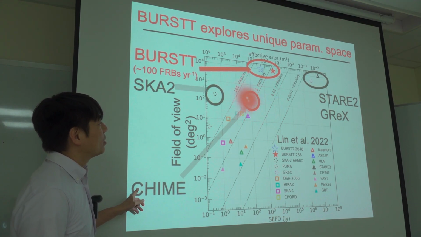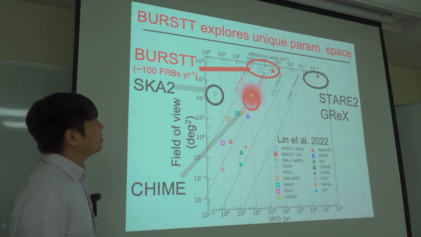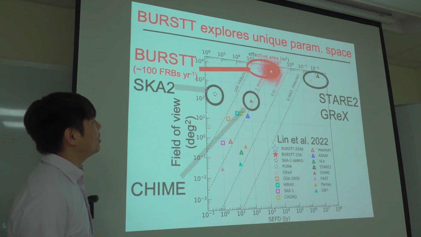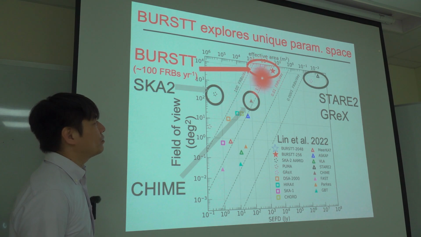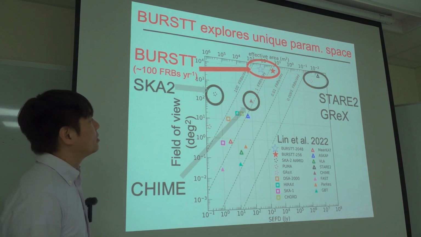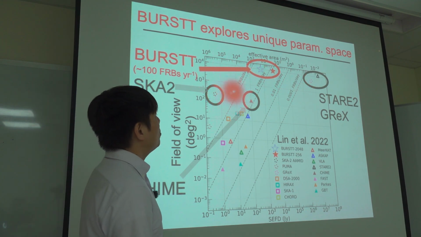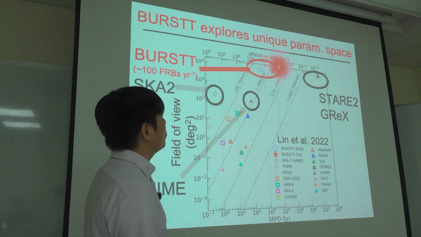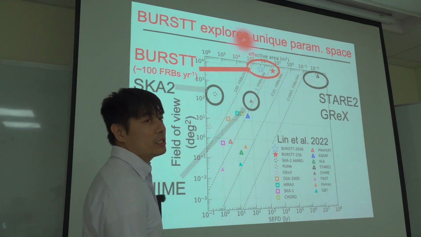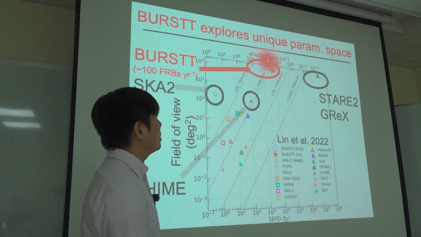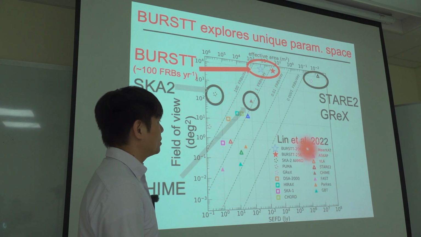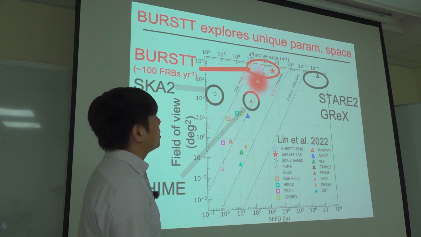That's good. But compared to this one, our BURST project has a significantly larger field of view. So we are much better in terms of field of view. Okay. Then there is no other radio telescope competing in this parameter space so far, I mean, at the time of 2022.